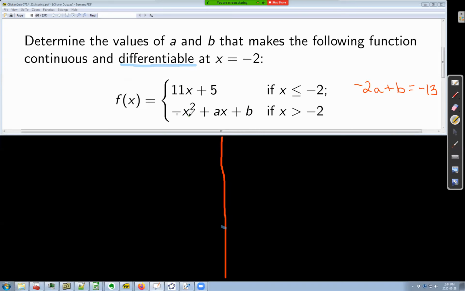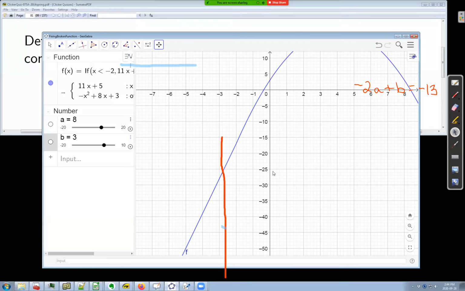Differentiable means that the derivative exists, so the derivative has to be an actual number. Let's think about what the derivative of this function is going to be. Again, it's going to depend. There's going to be a left side and a right side, right?